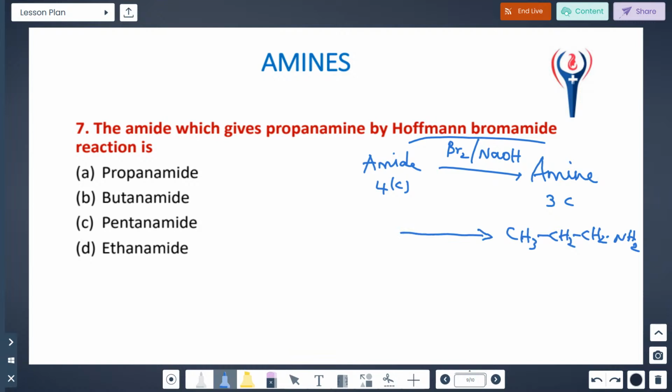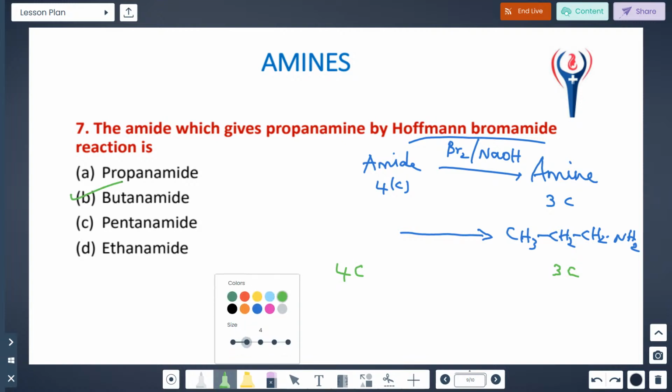It is obtained from which amide? That amide should contain 4 carbons. So they have to search for only a 4-carbon amide. Here 4 carbon, here 3 carbon, here 5 carbon, here 2 carbon. The 4-carbon amide is butanamide. That's the answer.